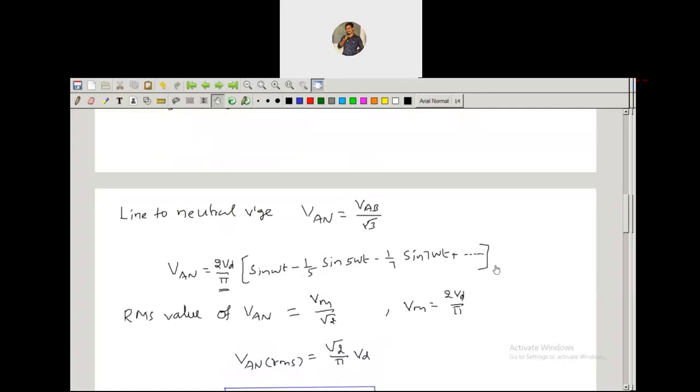So along with the fundamental you are having the other harmonic components also, that is, you are getting the harmonics at the output of the inverter, and these harmonics are given to the induction motor drive, which will cause a possibility of disturbance in the operation. That is, there may not be smooth operation because of these harmonic components, 5 omega t, 7 omega t.